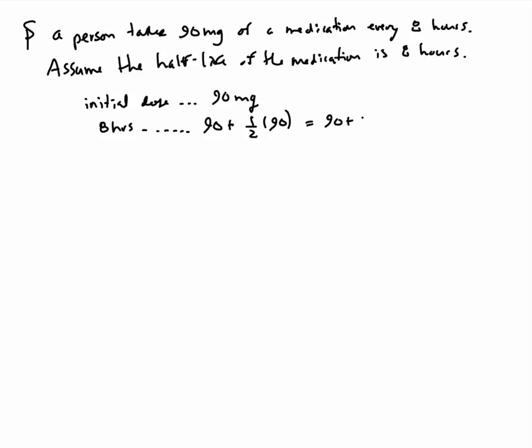So this would be 90 plus half of 90, which is 45, so I'd have 135 milligrams in my system. Okay, after 16 hours, I'd take another dose. And remember, I had the 45 milligrams from before, but I'm going to write it like this. I'm going to say that I had half of this 90 from before, plus I have another half of that 90.